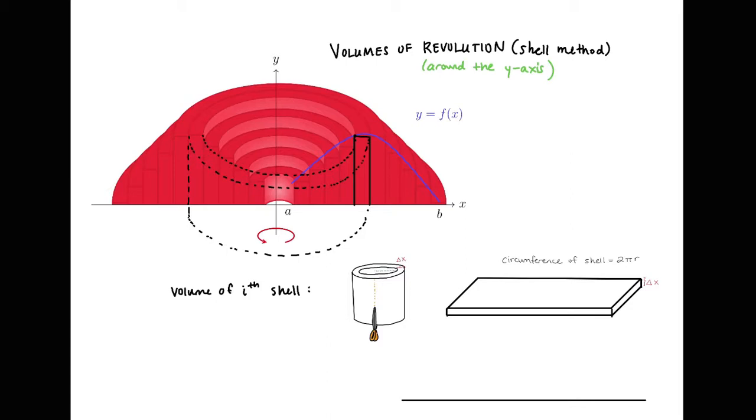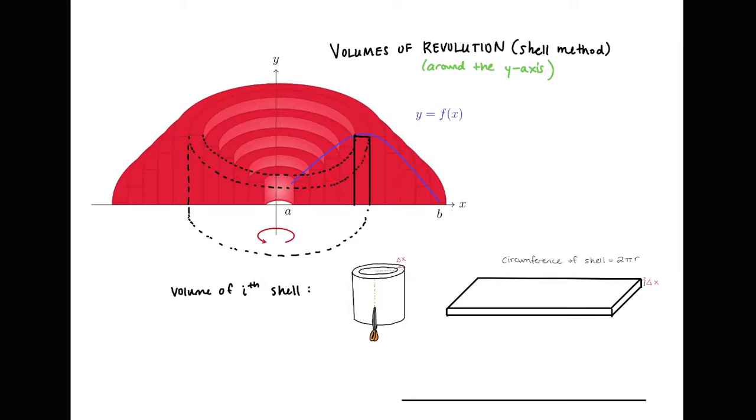Let's assume that we started off with our basic function y equals f of x, this blue curve that's drawn here, and we're leaving our formula as generic. Notice that if we look at our rectangle that we would use to compute the area under the curve, outlined here in black, and we revolved our blue curve around the y-axis, that rectangle gets carried around, and you can see this graphic generates a shell.